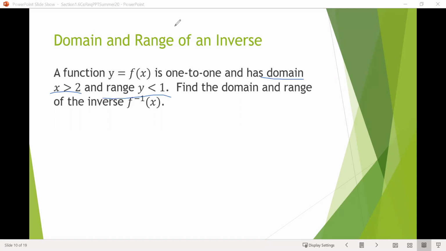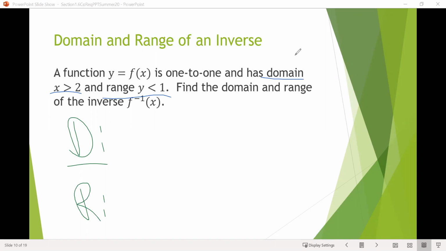And a range, where the range is a set of outputs of y less than 1. So then we need to find the domain and range of the inverse. So how would we do that? Well, first of all, also I should point out, they told us the function is one-to-one, so we know it has an inverse. Now, how are we going to find the domain of the inverse?